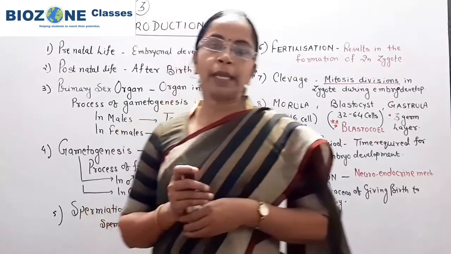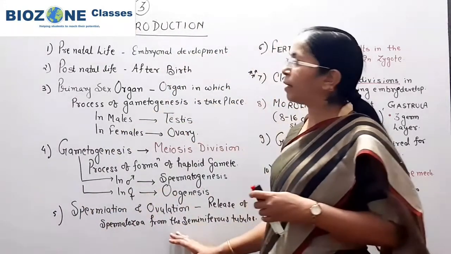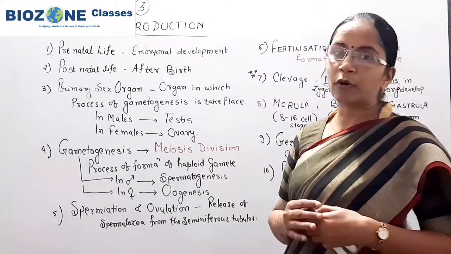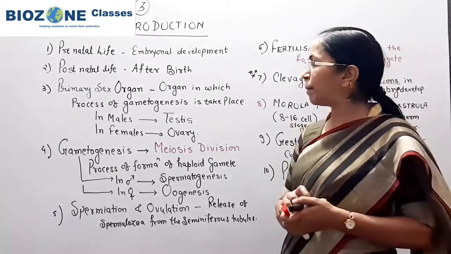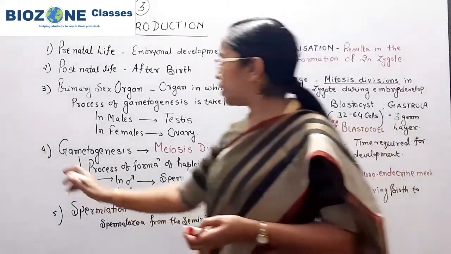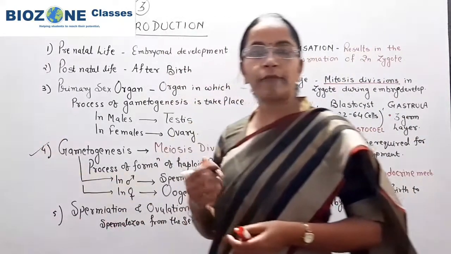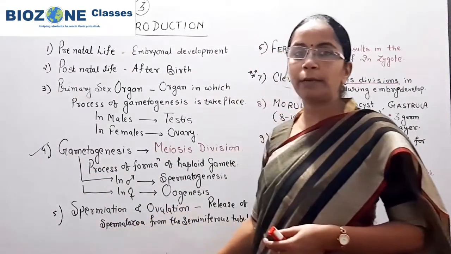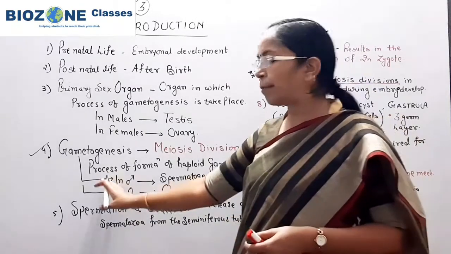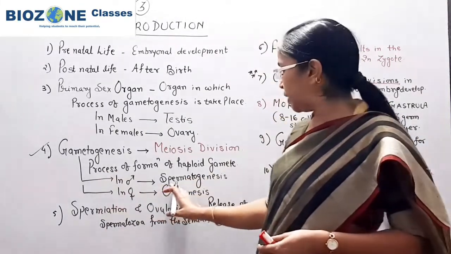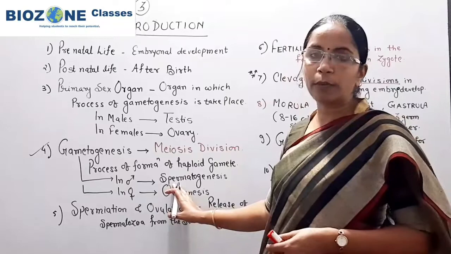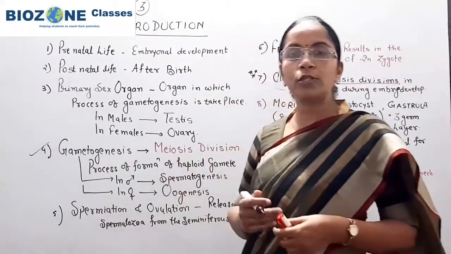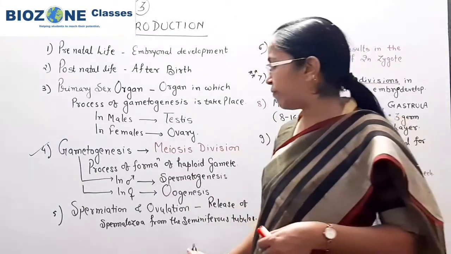Students, prepare these terms very well, because if you are preparing for boards, the term gametogenesis generally comes in 1 mark questions. Differences are generally asked between spermiation and spermatogenesis. Spermatogenesis is the process of formation of spermatozoa, and spermiation is the process of release of spermatozoa from the seminiferous tubule.